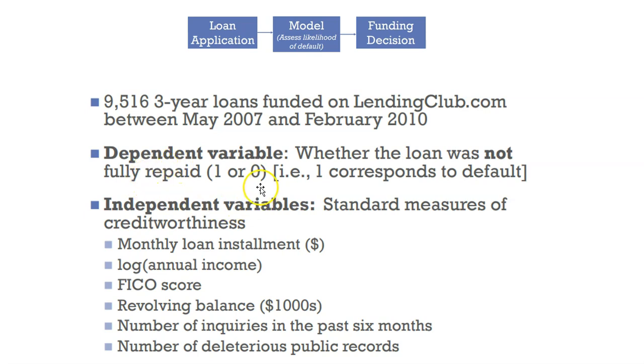If they have fully paid, the response variable would be 0. If they did not fully pay and they defaulted, that would be represented by 1.